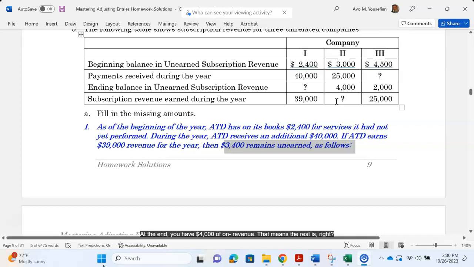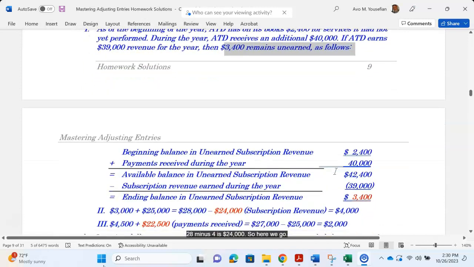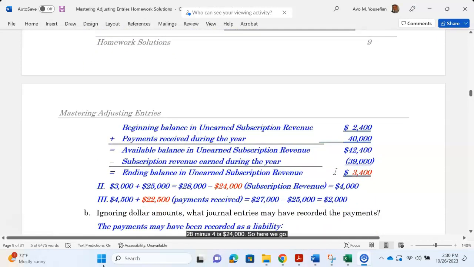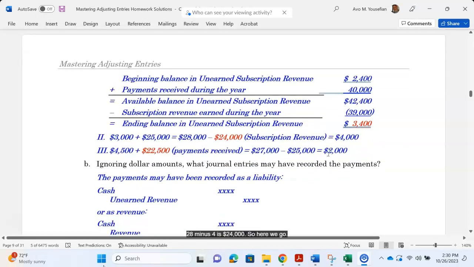That means the rest is earned, right? So 28 unearned less 4,000 ending balance of unearned. 28 minus 4 is $24,000 earned. So here we go. 3,000 plus 25 is $28,000 minus 24,000 earned.